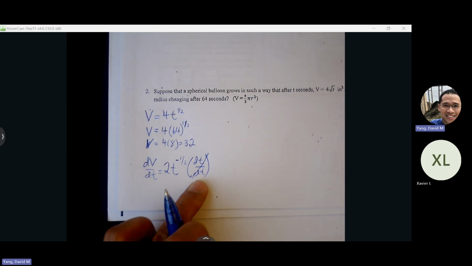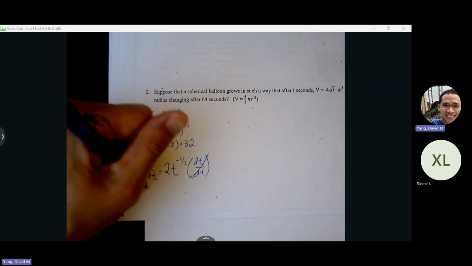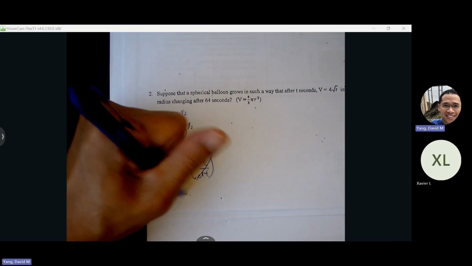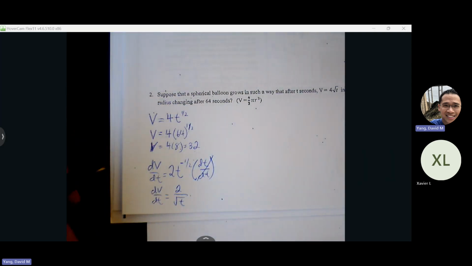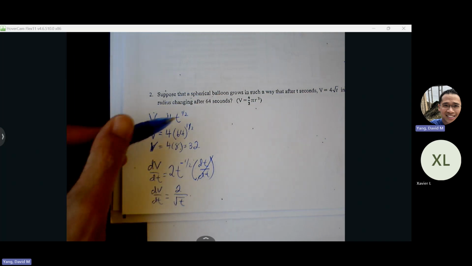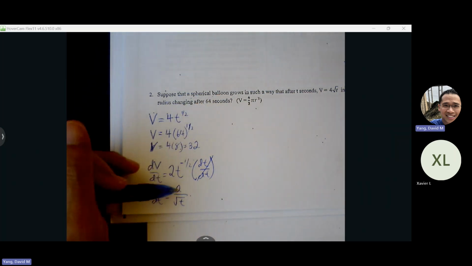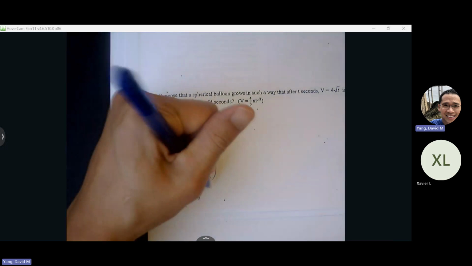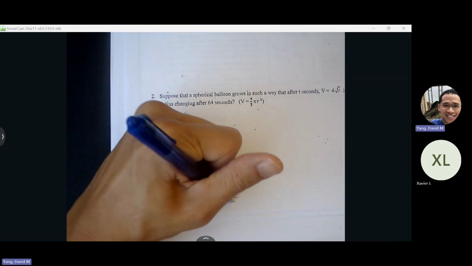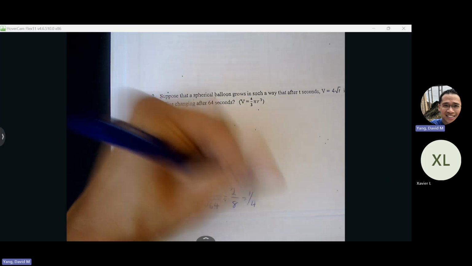So dV/dt can be represented as 2 over root t. The rate of change of the volume at 64 seconds is 2 over root 64, which is 2 over 8, which is 1/4.